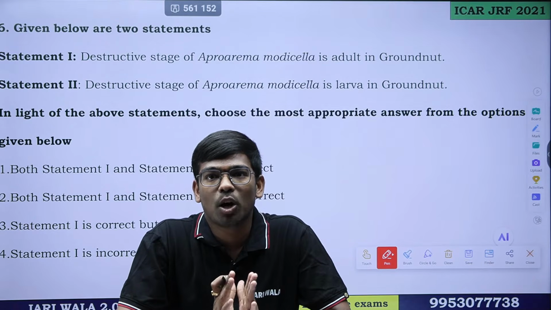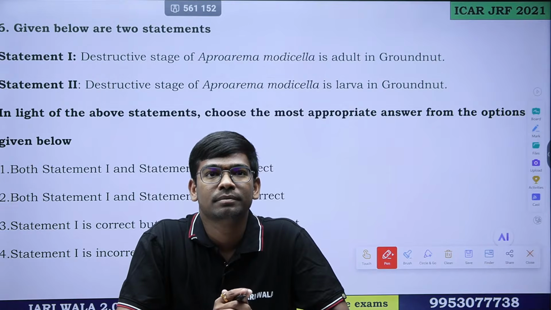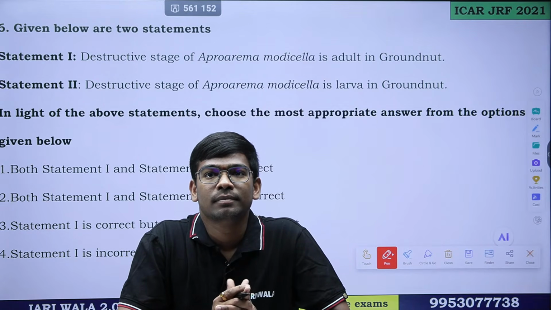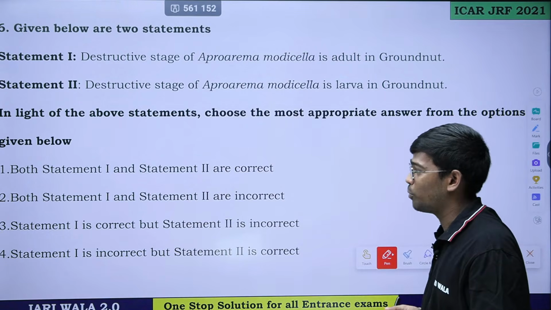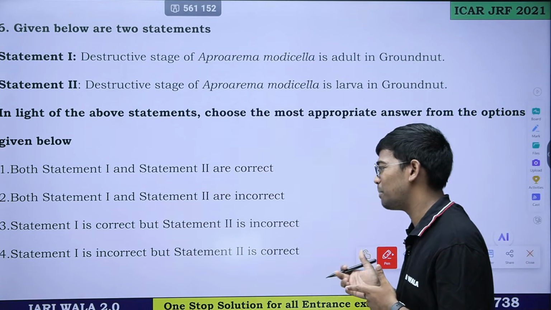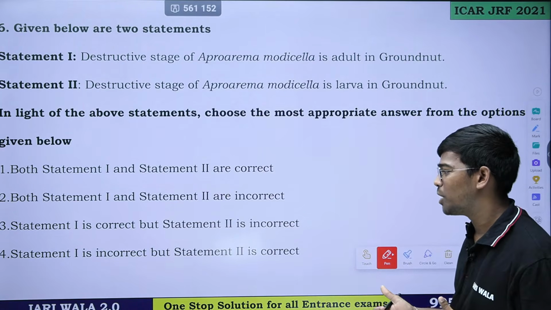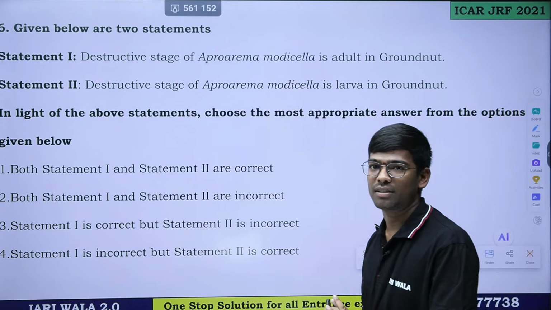So what will be the option for this question? Either both statement 1 and 2 are correct, or both statement 1 and 2 are incorrect, statement 1 is correct but statement 2 is incorrect, or the last option, statement 1 is incorrect but statement 2 is correct. What will be the answer?